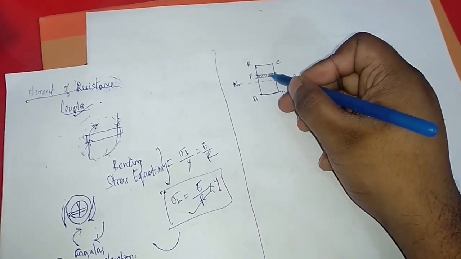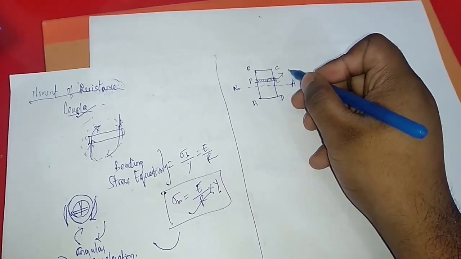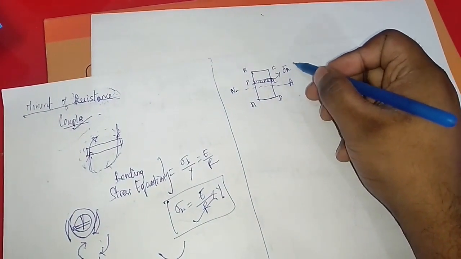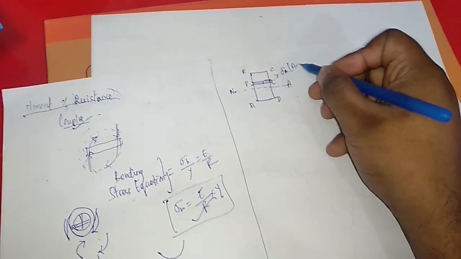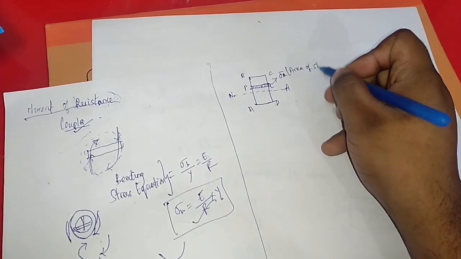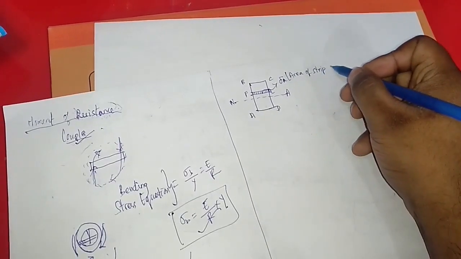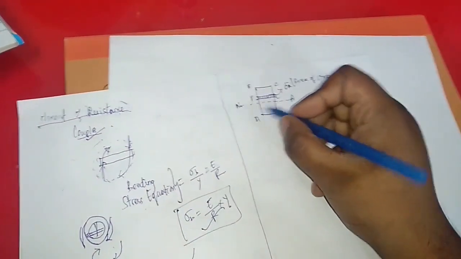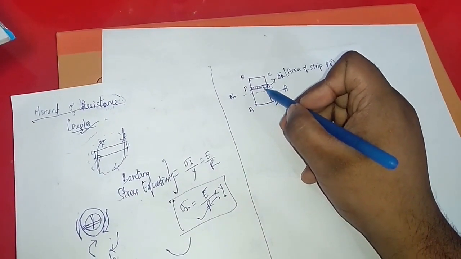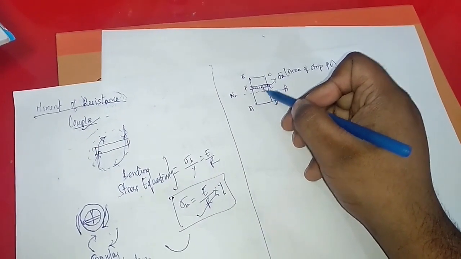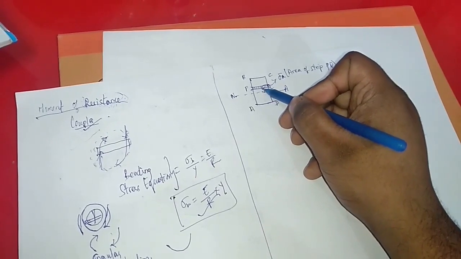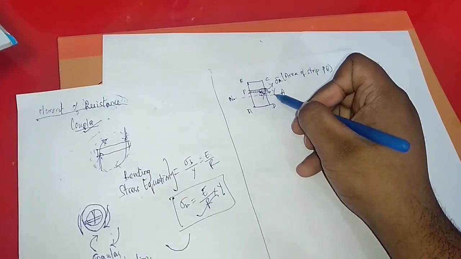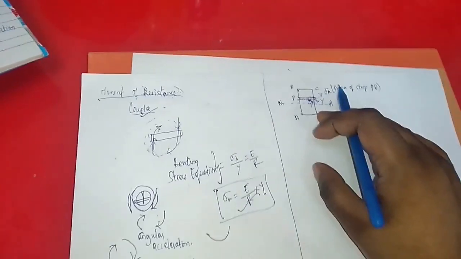Okay, the area of this strip, here I'm going to have an area of delta A. So this is area of strip PQ. Okay, so this strip is at a distance of y from the neutral axis. See, this is a distance. Okay, the strip is at a distance of y, so this is y from neutral axis.